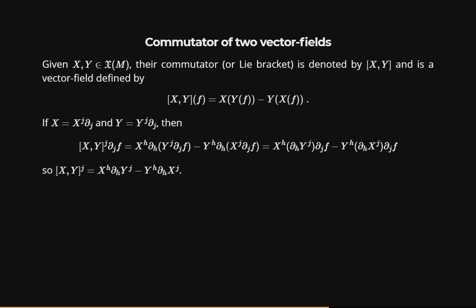And then we do the opposite. If you compute the partial derivative, remember y^j and x^j are functions. We distribute the derivative with the Leibniz rule, and the second partial derivatives of f, so the ∂_h ∂_j of f and the ∂_h ∂_j of f here, cancel out, because the partial derivatives commute.